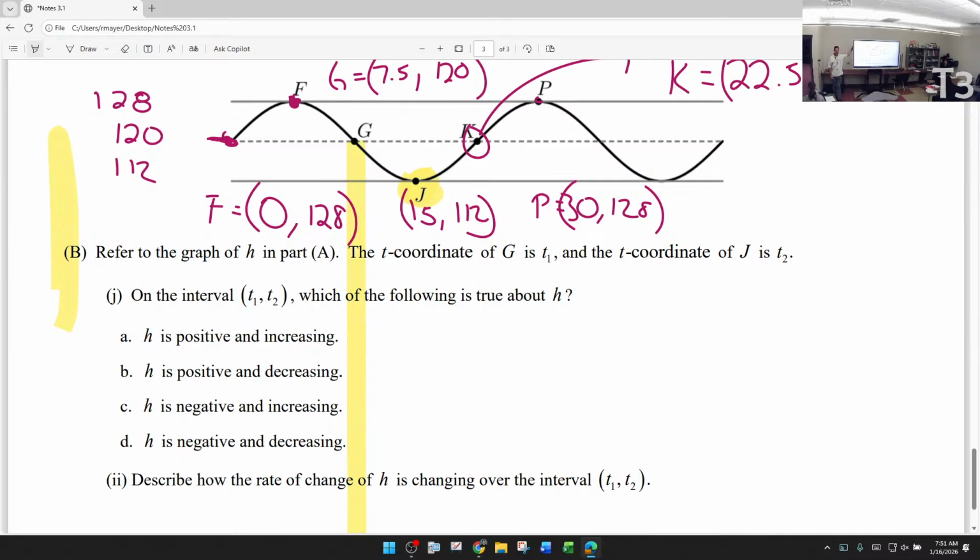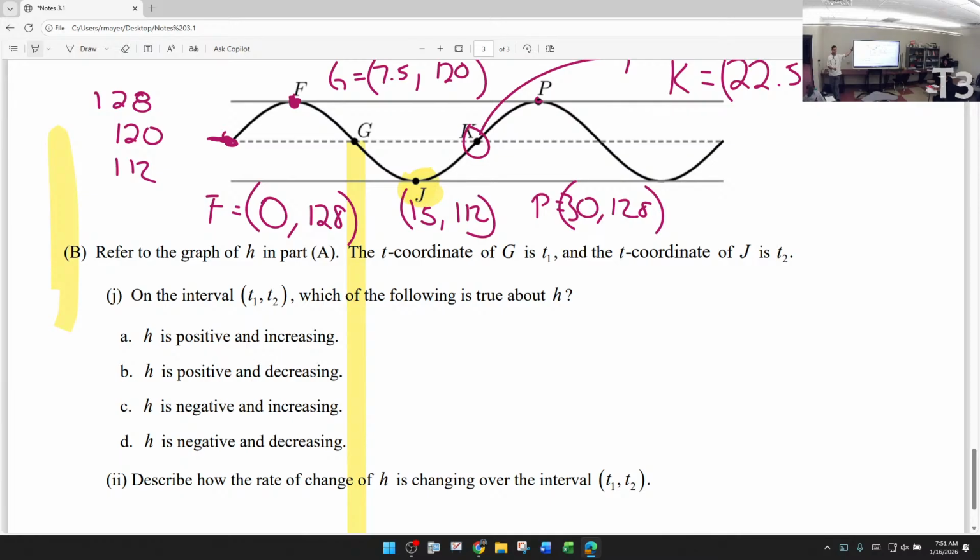You wouldn't think it would answer the same thing twice, right? So I think H is positive, because H is way up here at the top. It's like 120 and decreasing. This is what they're looking for in the next answer, letter C. That's when you start thinking, wait, did they ask the same question twice?